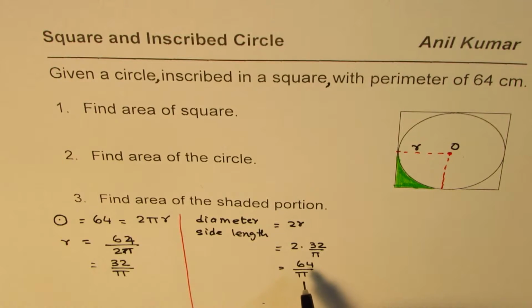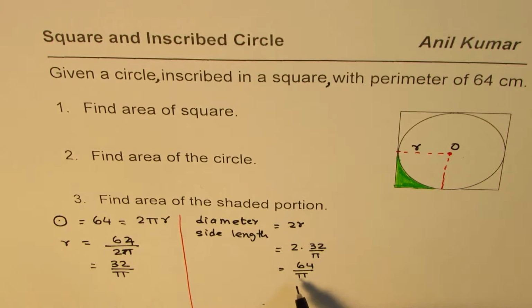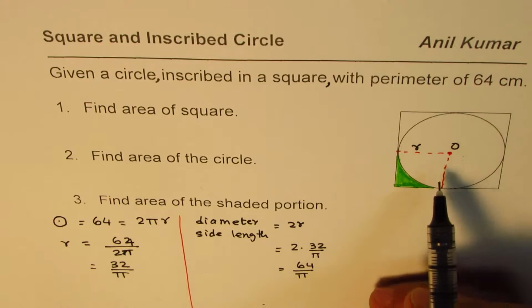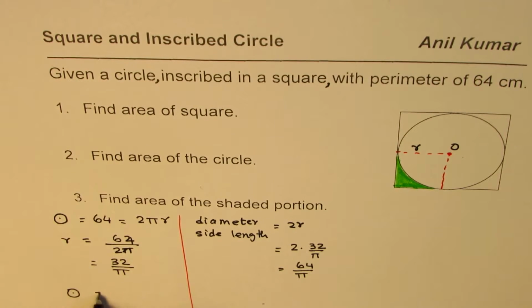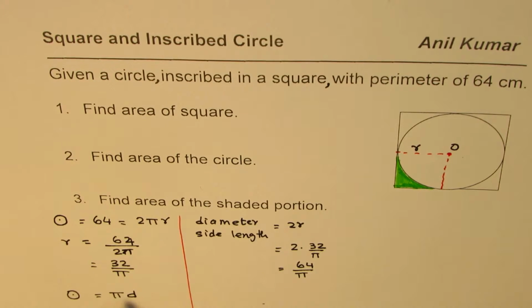So what you find is that diameter is related with circumference, pi d. The other formula for circumference is pi times diameter, right? So from here you get directly that diameter is 64 divided by pi. Do you understand? It's important to understand these relations.